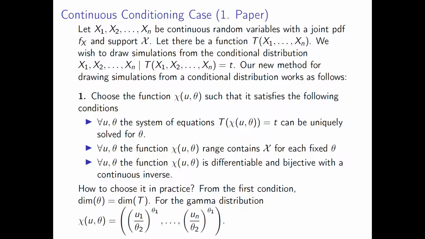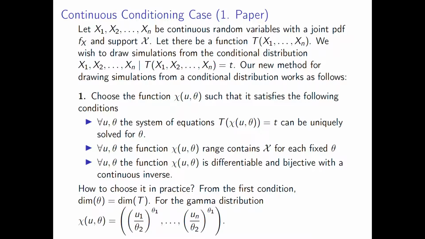So the first paper was for the case where the underlying distribution is continuous. So let me present what we did in the first paper. So first of all, we have n continuous random variables. So we have this random vector, and we also fixed their joint PDF f_X, and also their support, calligraphic X. Let there also be a function t.